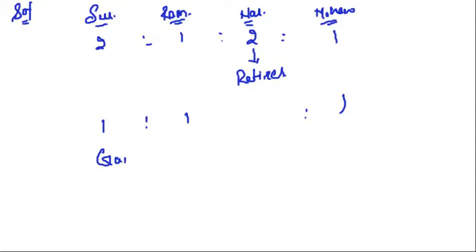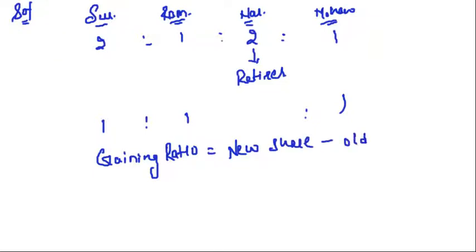And what is the gaining ratio? We discussed in the last lecture also. It is the ratio in which the remaining partners are gaining the share of the retiring partner. This is new share minus old share, because your new share will be more than your old share.